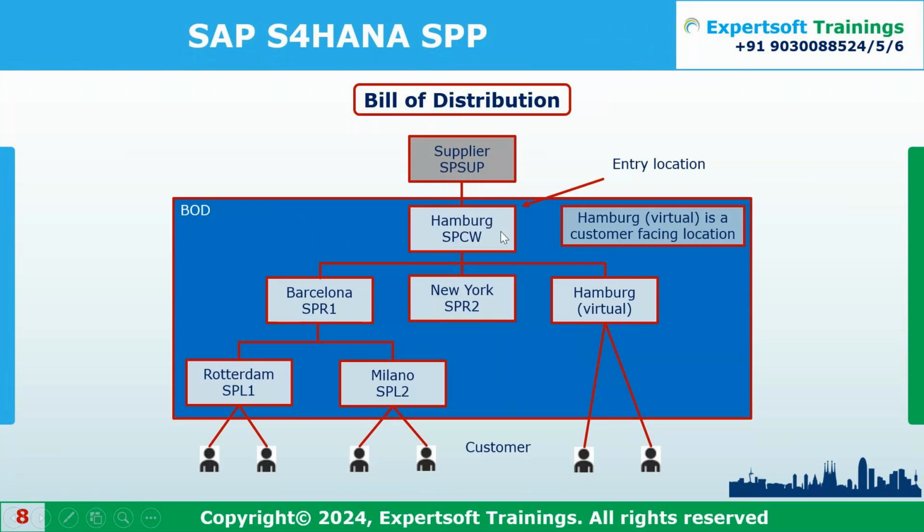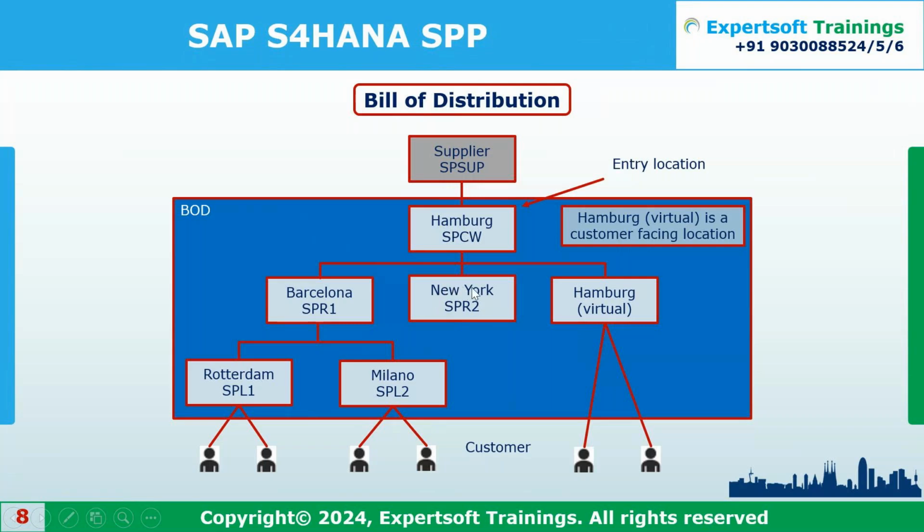The facing location is the location which is facing the customers. In this BOD, this is a facing location because it is directly dealing with the customers. This one is also directly dealing with the customers. This is the child location, this we can call the intermediate parent location, and this is the main parent location.